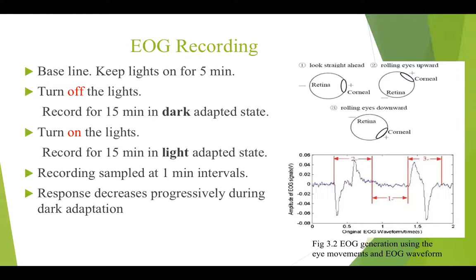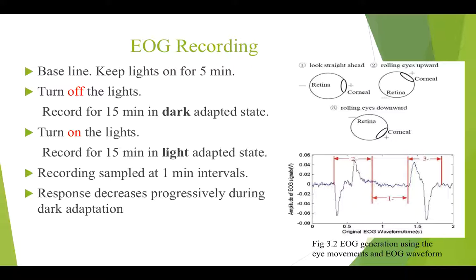The amplitude of a pulse will increase with the increment of the rolling angle, and the rise of the positive or negative pulse is proportional to the duration of the eyeball rolling process. When the eyes are stationary or looking straight ahead, there is no considerable change in potential, and the amplitude of the signal obtained is about 0.